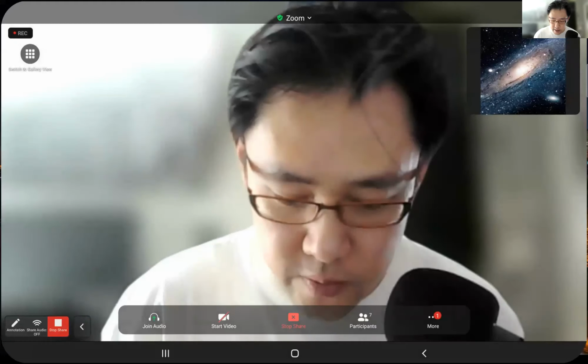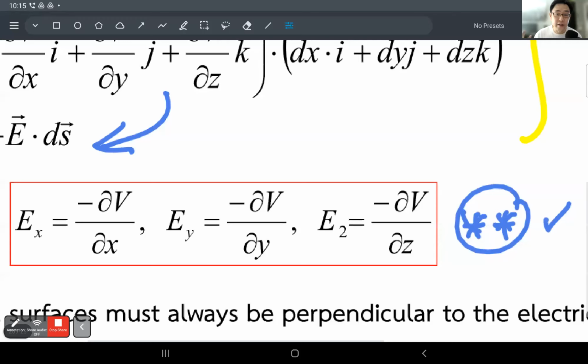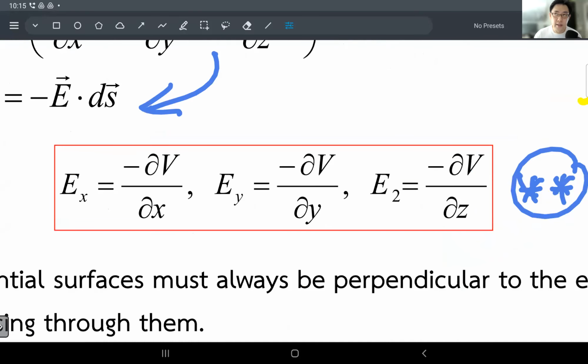Okay, all right. So the only operation that we need, even though now we understood it graphically, that the electric field line always touches the equipotential line, the contour line of the potential, in a perpendicular fashion, the relationship between the two is just going through this operation right here.